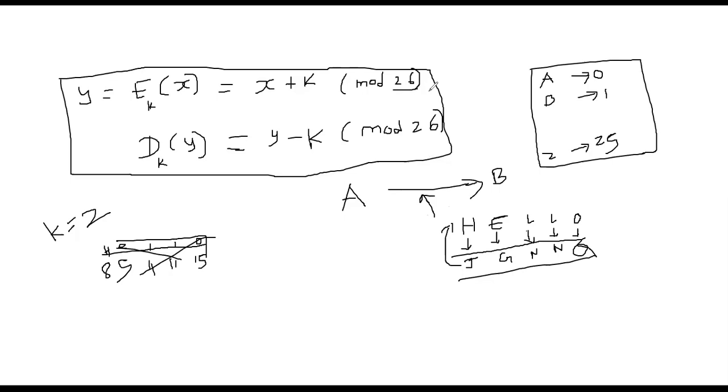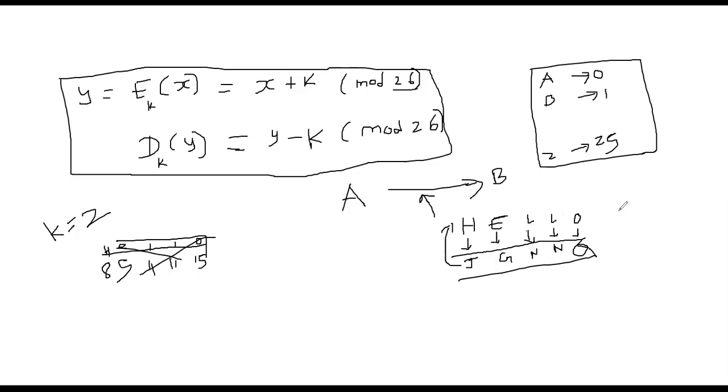So what is the big problem here? As you can see, it leaks information. For example, when two adjacent characters are the same, here N and here N, we know the corresponding plaintext must be the same. That's clearly one information leakage. But even more serious is that suppose you don't know the key as an attacker.